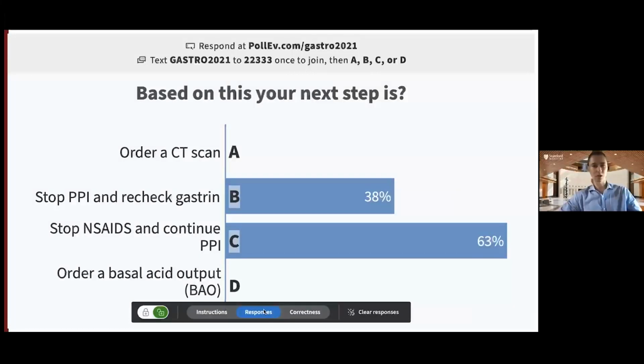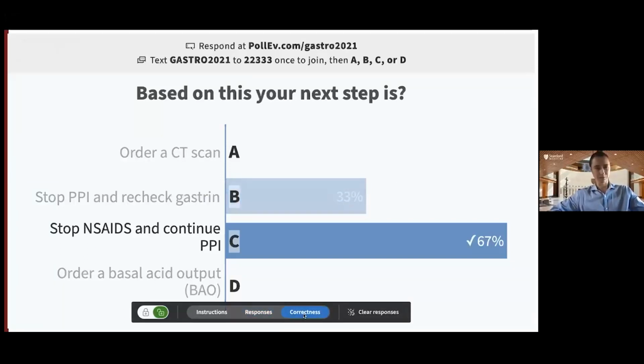Okay, so the majority has responded stopping NSAIDs and continuing the PPI, and some folks are suggesting stopping the PPI and rechecking the gastrin. The correct answer for this one is C, stopping NSAIDs and continuing the PPI.